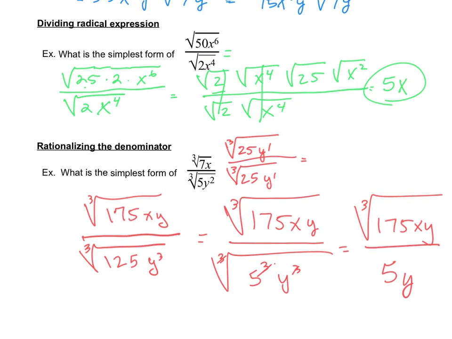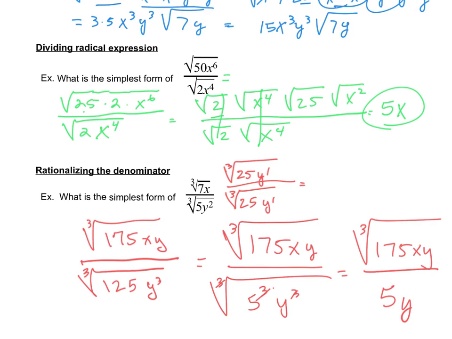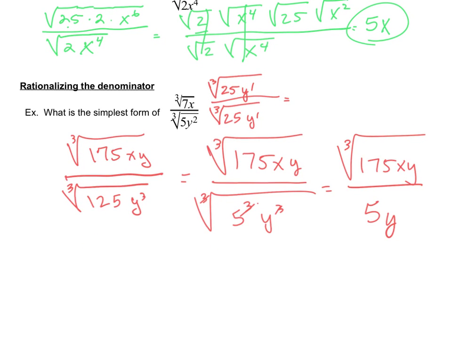Then for division, we used the multiplication property of 1 to eliminate some excess stuff. And then finally, rationalizing the denominator, we multiplied the denominator by what we needed to create, in this case, perfect cubes to counteract the cube root. And then there is your answer in your work there. And that recaps this section from class today.